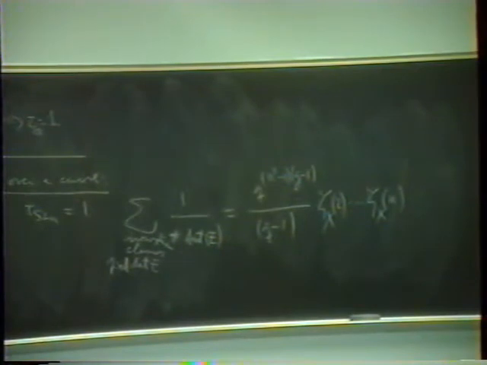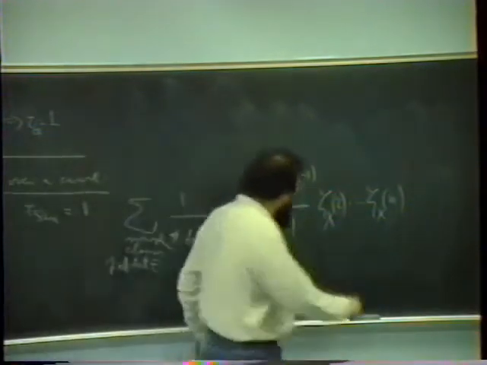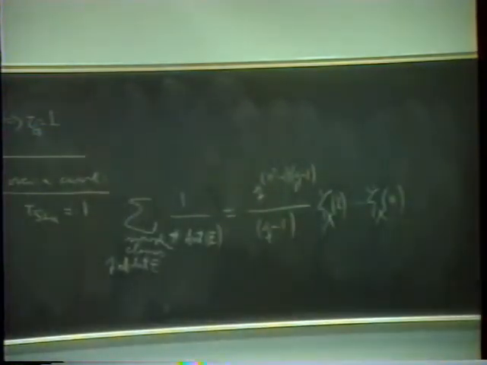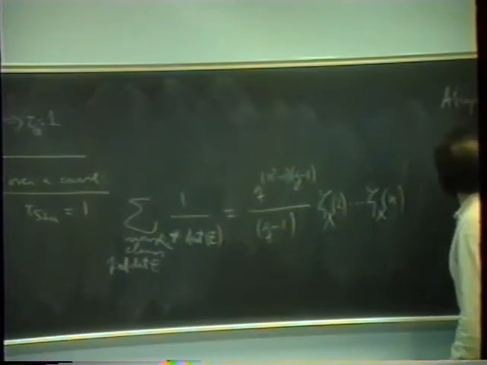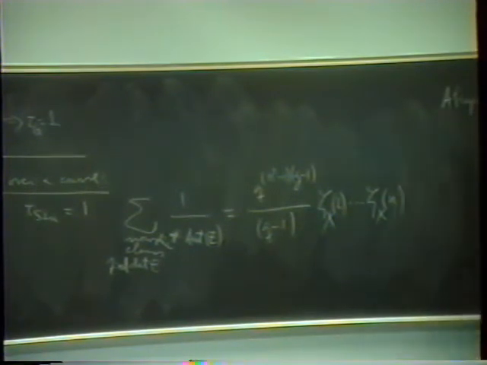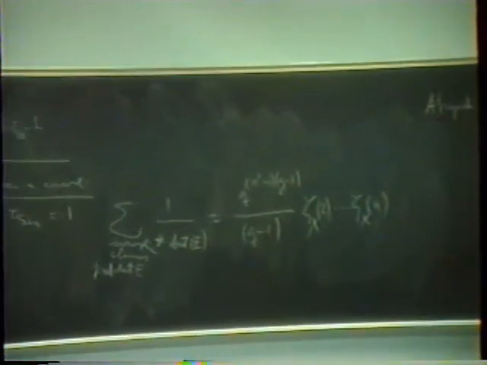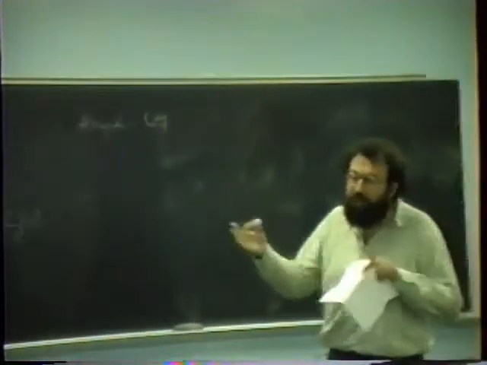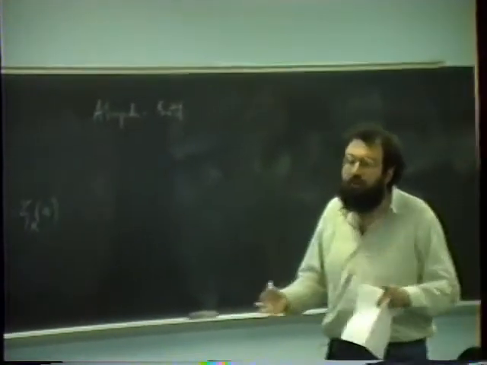A few years later, Atiyah and Bott started to look at this theory again, and what they found was that they could do the same calculation essentially in parallel, but this time using equivariant cohomology.